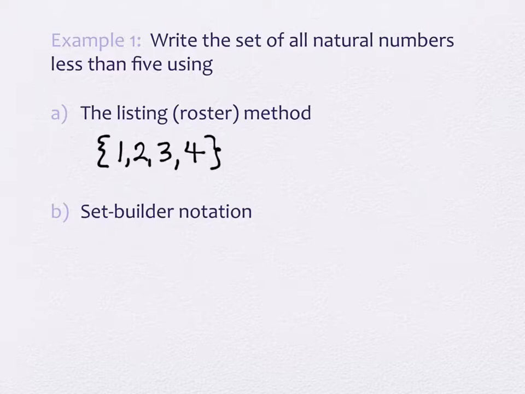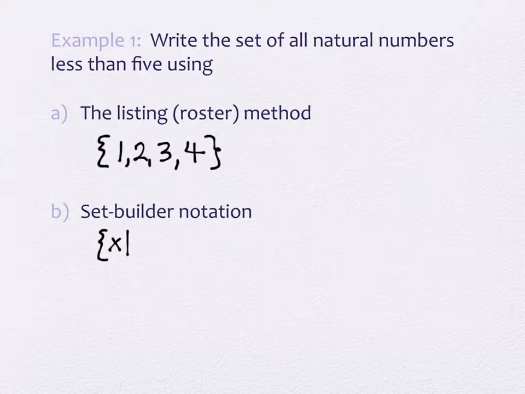Set builder notation, which you're a little bit less familiar with, still has the curly braces. The beginning part of set builder notation always looks the same. It's this generic form that says, I'm going to talk about a letter x, a number x really, and it's everything that follows after that. So these are all the values that fit my criteria, and then I write down what the criteria would be.